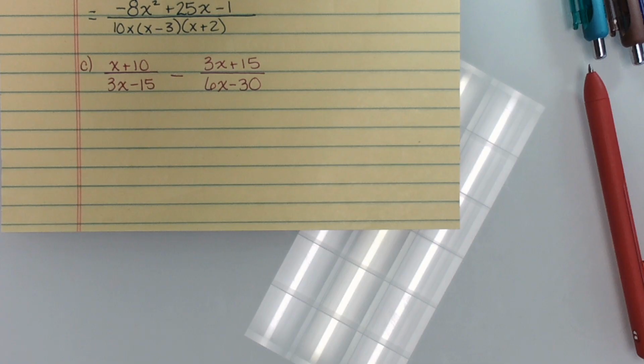x plus 10 over 3x minus 15, minus 3x plus 15 over 6x minus 30. In order to add and subtract fractions, you need a common denominator. If you want to get a common denominator, you need the denominators factored.